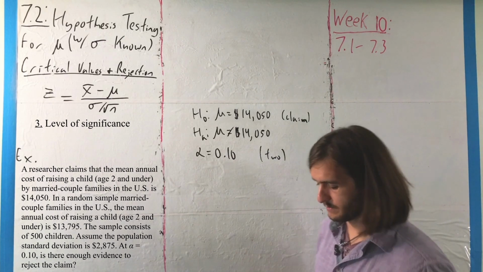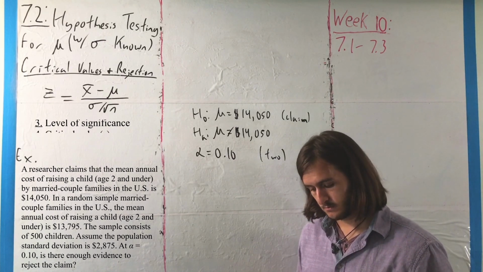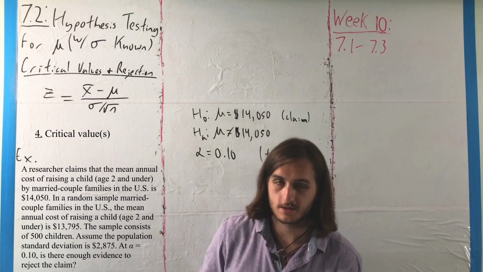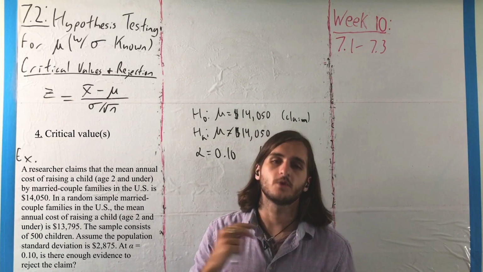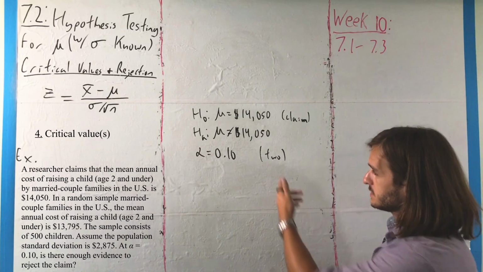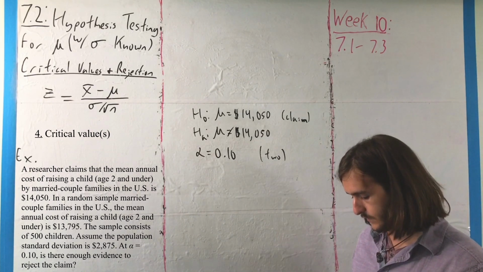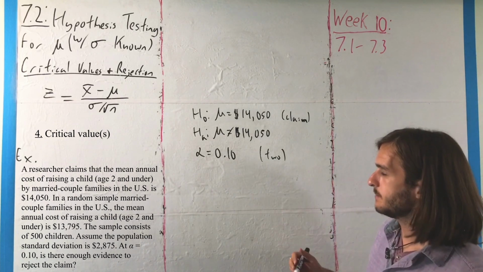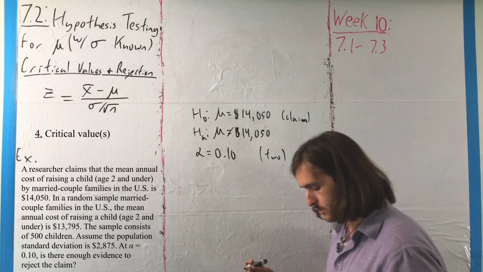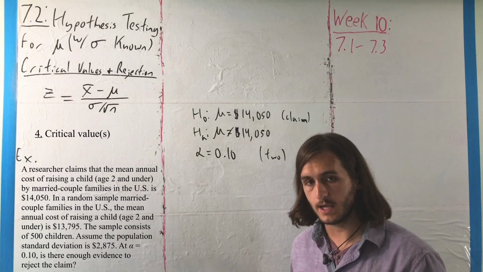Here, it's two-tailed. Then from this, well, we need to get on to our pieces involving things like the critical values and the rejection region. So for our critical values, since this is two-tailed, what we're going to have to do first is split up that alpha into the two tails, where we're going to get one from each tail.